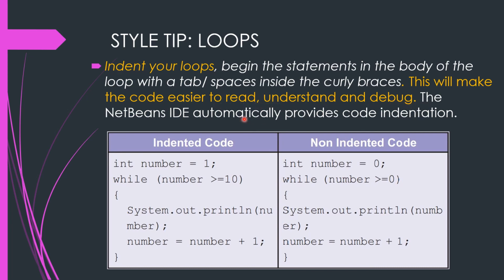The NetBeans IDE automatically provides code indentation. So, the first style tip for loops, so that our loops are easier to understand, to read, and to debug. Means whenever we make any mistake, we can easily debug if the code is indented.